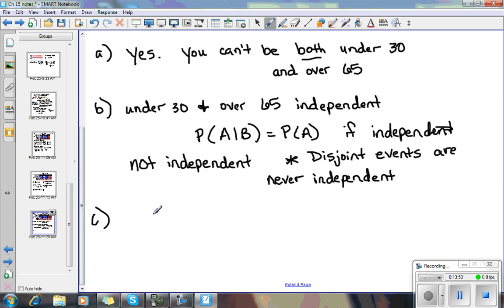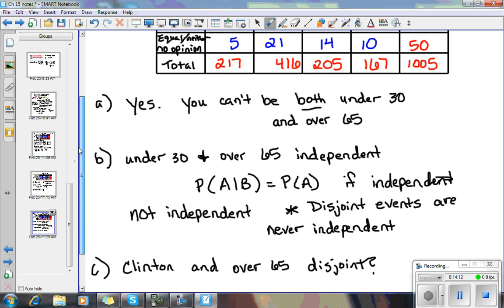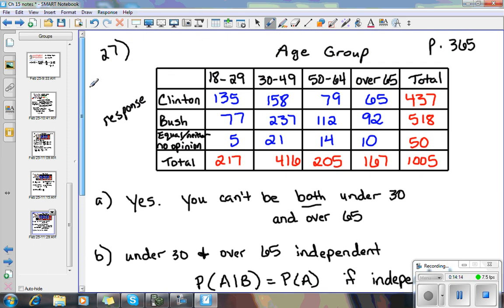Part C, are answering Clinton and being over 65 disjoint? So Clinton and over 65, we want to know if it's disjoint. So let's look up here and think about that. Remember, disjoint means do they overlap or not.